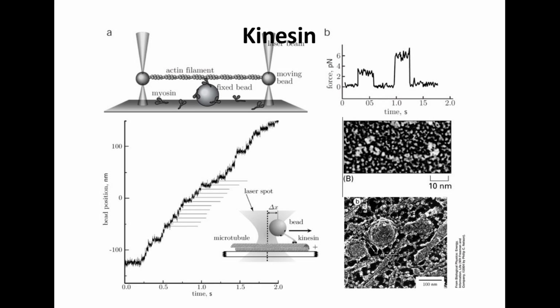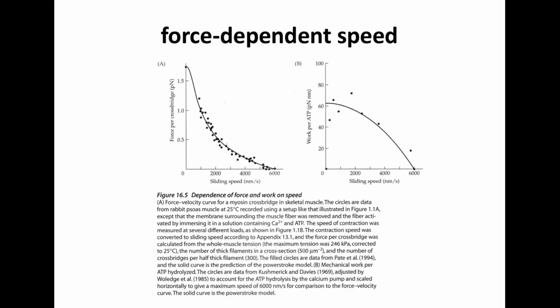From those kinds of experiments, we can learn how fast a motor is if you apply different forces to it. The result of such an experiment you see here on the top left. Here the force of a motor is displayed as a function of its sliding speed.